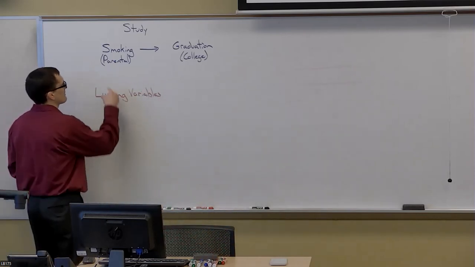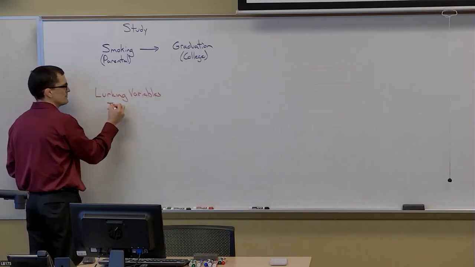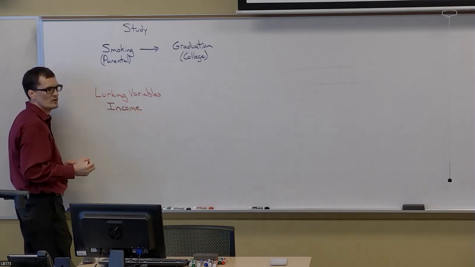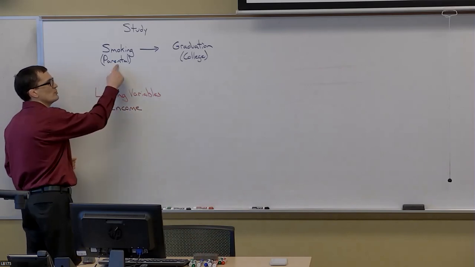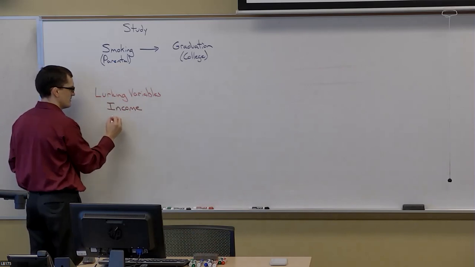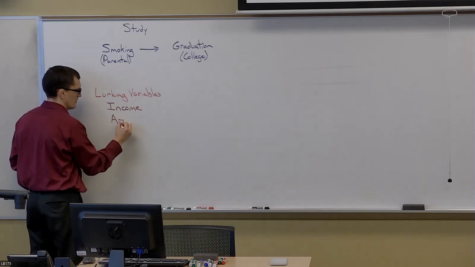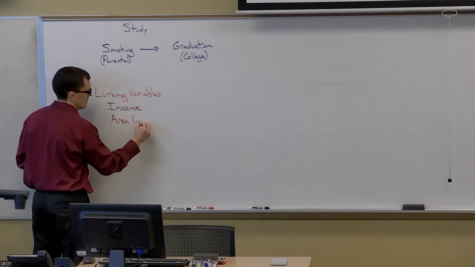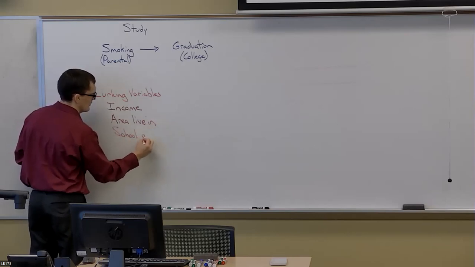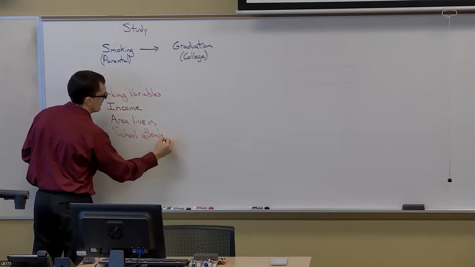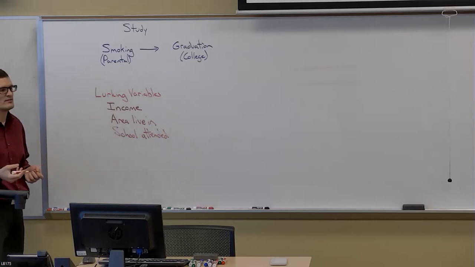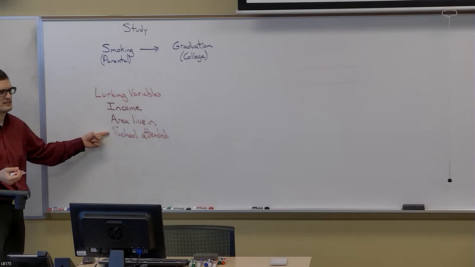All right? Things like parental income, or what schools, or what area you live in. So what area did you live in? What school did you attend? And by the way, by school, I mean high school. All right.